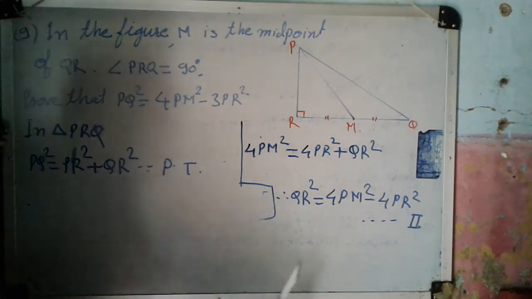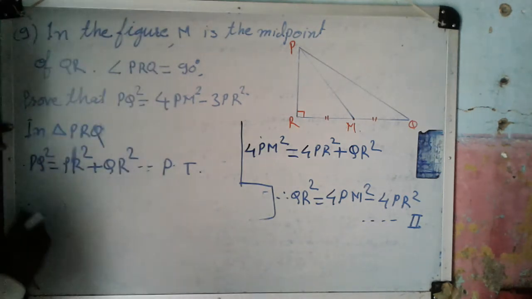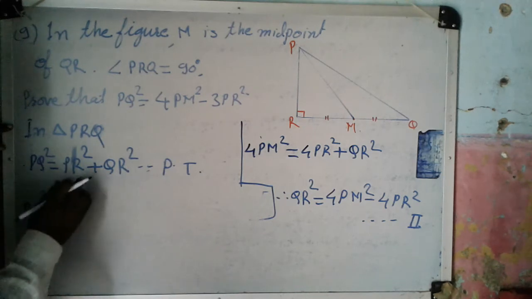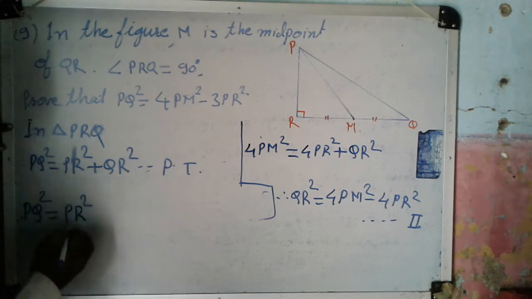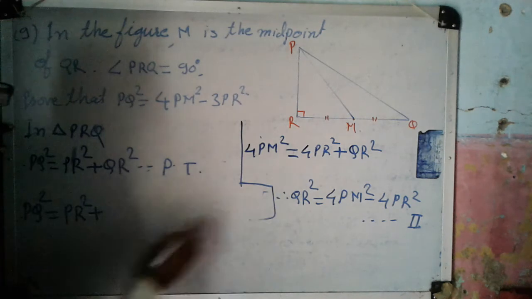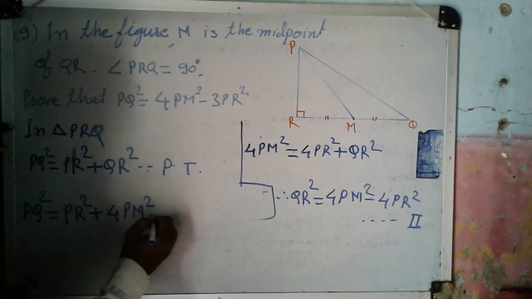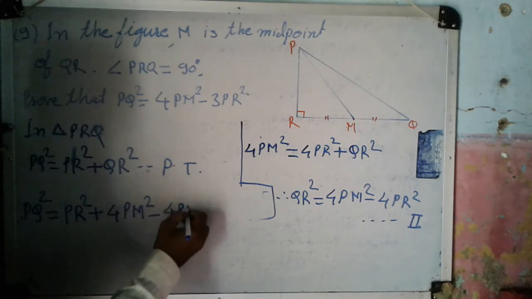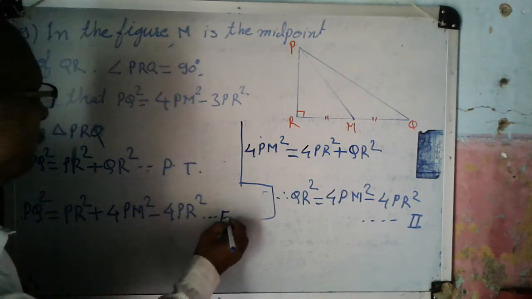So QR square is 4 PM square minus 4 PR square. Therefore, PQ square is equal to PR square as it is plus, put the value of QR square here, 4 PM square minus 4 PR square. So from equation 2.